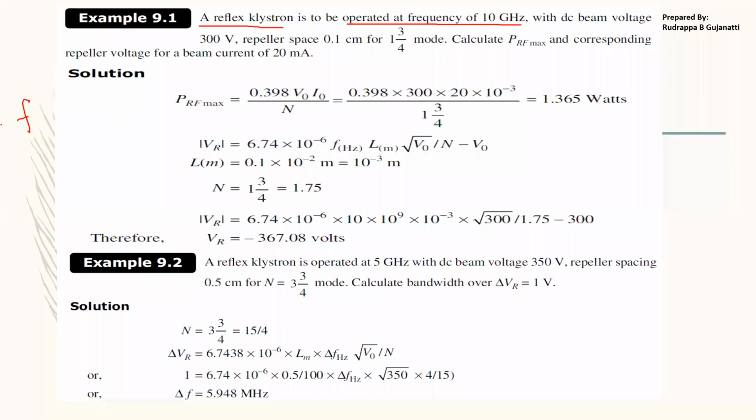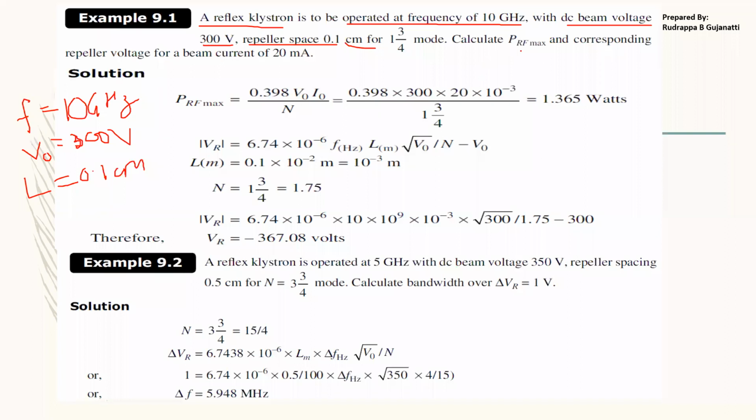So in this case, he has given the operating frequency of 10 gigahertz with the DC beam voltage of 300 volt. We denote it as V naught, so V naught is 300 volt, and the repeller space is 0.1 centimeter, so L is 0.1 centimeter.